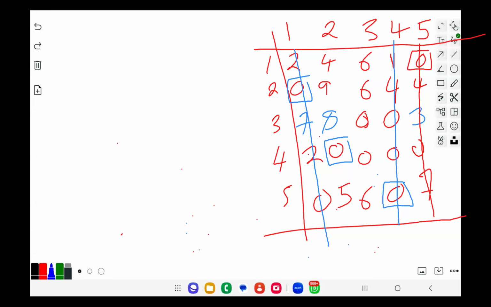We cancel horizontally like this, isn't it? That's what we said, right? Yes. And then number 3, how many zeros? Also just one. Then you also cancel like that.